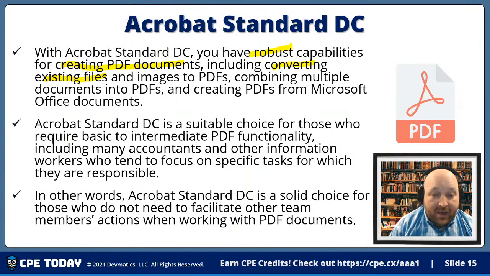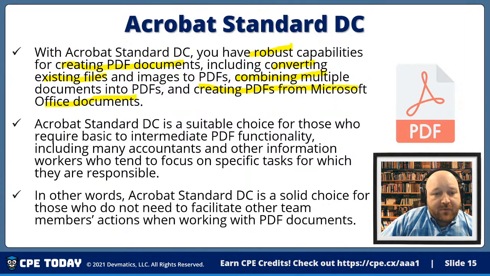And I'll show you how to do that in depth with a variety of different file types, whether it be images or other Adobe applications or Word or Excel files. You can just drop them into Acrobat and it'll open them up directly. You can also combine multiple files together, and it also features the Microsoft Office integration, which we're going to take a look at here in a little bit.